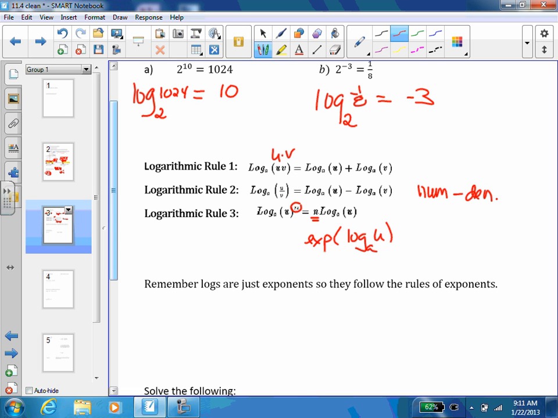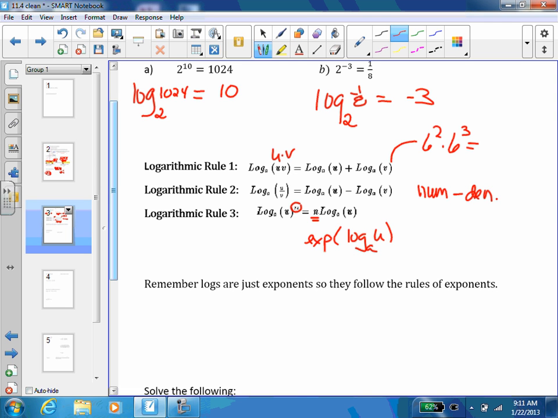So, think about it. I said, remember, logs are just exponents, so they follow the rules of exponents. What did we do when we were multiplying our bases? 6 to the second times 6 to the third. What did we do with our exponents? Didn't we add them? That's what we're doing.